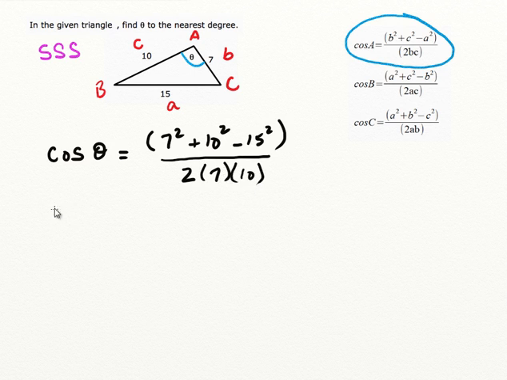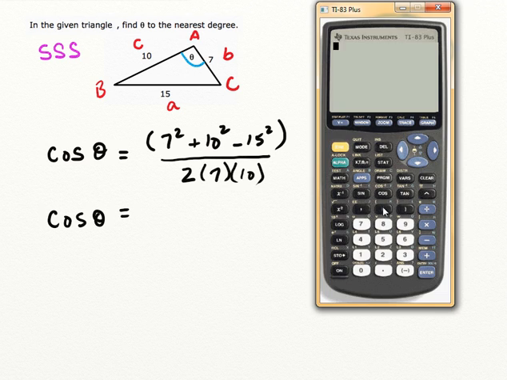Okay, so that means that the cosine of theta is equal to, and we'll just pull up our calculator, 7 squared plus 10 squared, subtract 15 squared, and you'll notice my use of brackets to ensure that the total numerator is evaluated before I divide it by the denominator, which is 2 times 7 times 10.